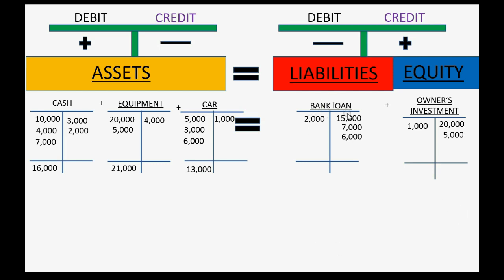How much do we owe the bank at the end? Well, we started with $15,000 and twice borrowed more, and that was listed on the credit side. And during this exercise, we only paid back $2,000. So if we tried to find out how much is left on the bank loan, we would see that we still owe $26,000. And because we still owe that money to the bank, it's listed on the credit side.